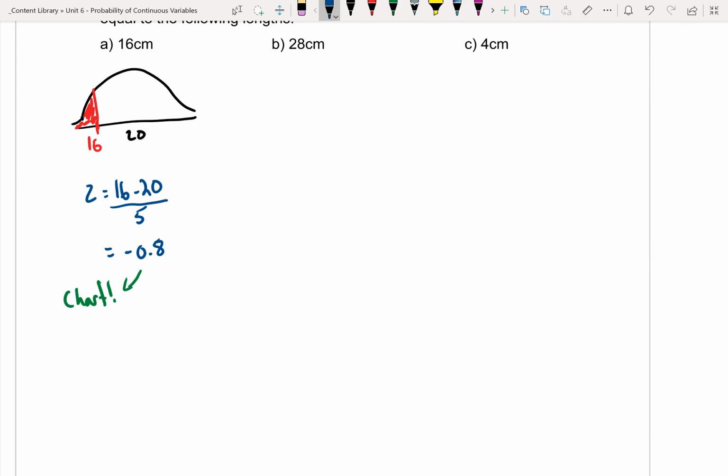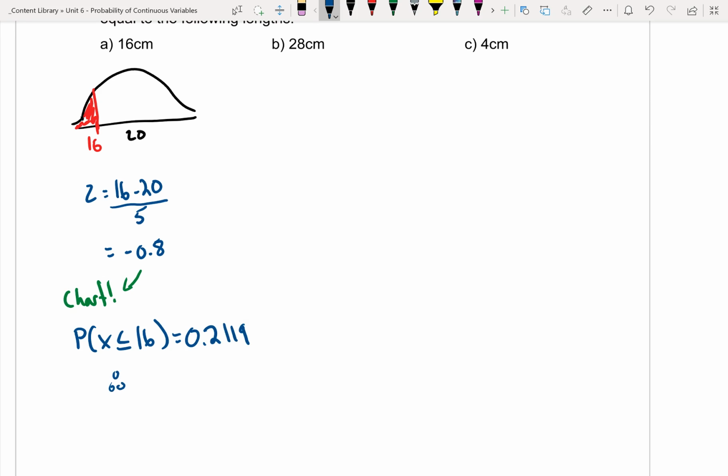So when I go to the chart, I should find that the probability of x being less than or equal to 16 should be equal to 0.2119.